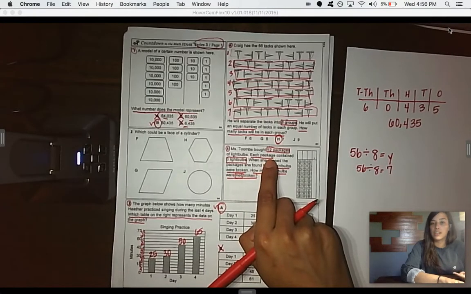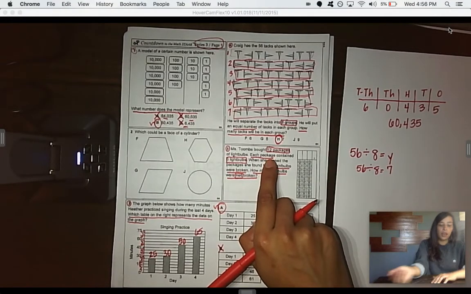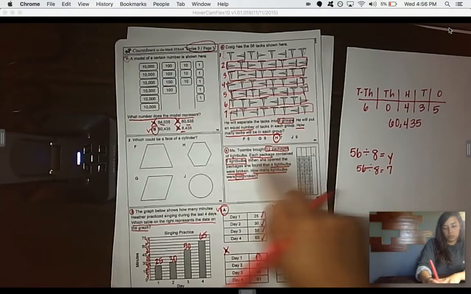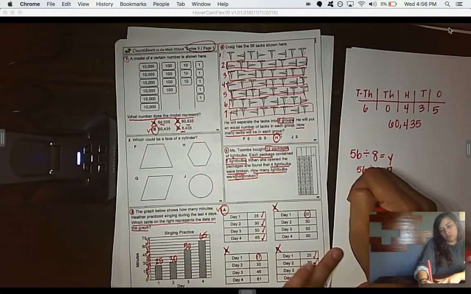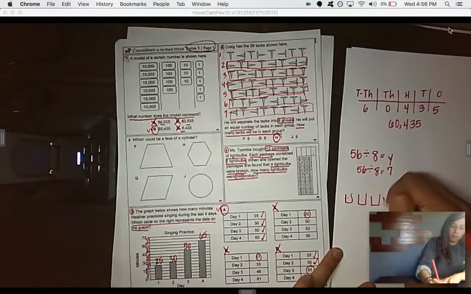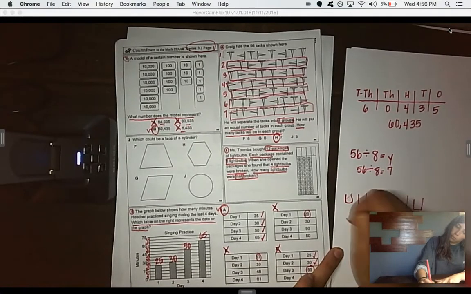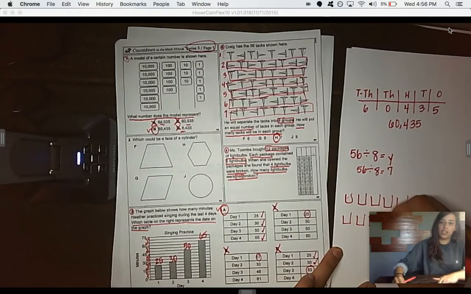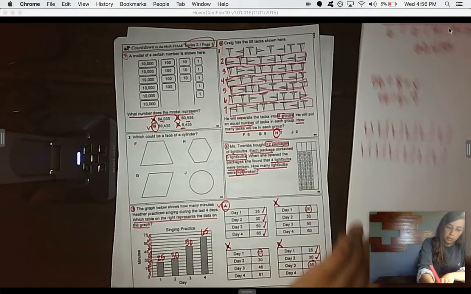So when in doubt, you can either draw it out, or you can just make an equation that matches the story and solve. I have 12 packages. Okay, I drew 12 packages here. I'll move this up. And each package had 6 light bulbs.